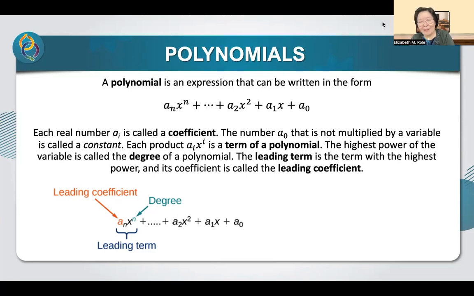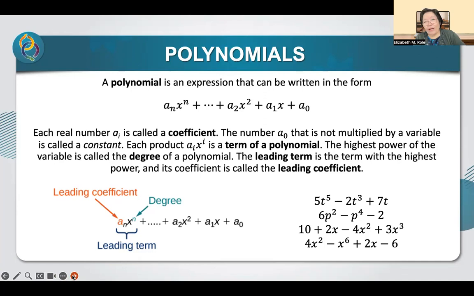So those are the terms: polynomial, coefficient, term, degree, leading term, leading coefficient. The leading coefficient is the number that precedes the variable with the highest power. The leading term is the coefficient with that variable with the highest power. And of course, the highest power is called the degree of your polynomial. Okay?